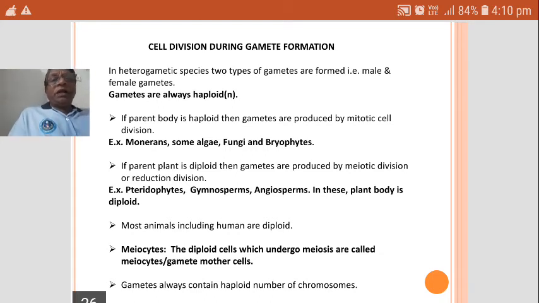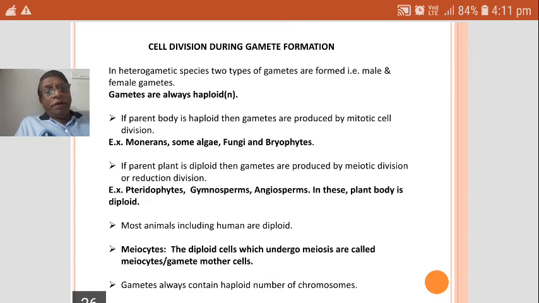You have studied the human reproduction in detail and also spermatogenesis and oogenesis in detail. So during spermatogenesis, the sperms are formed. During oogenesis, the egg or the ovum is formed. So both are haploid.